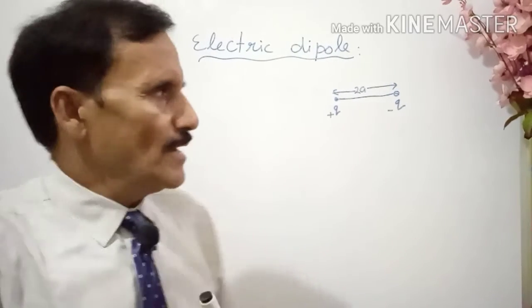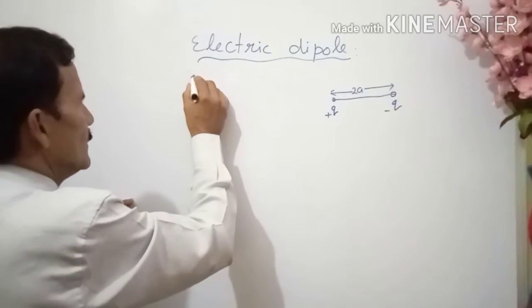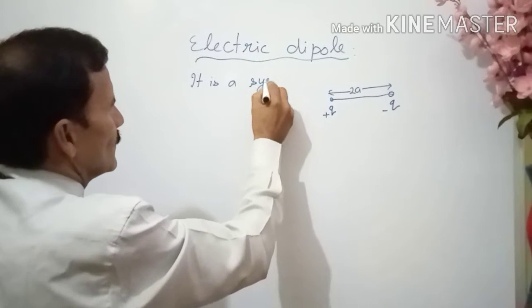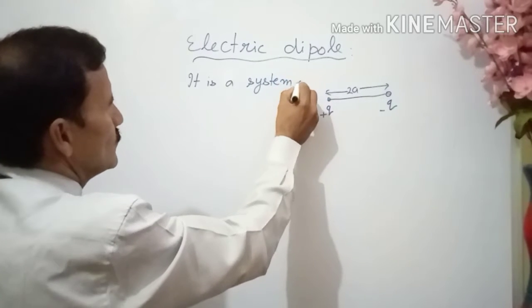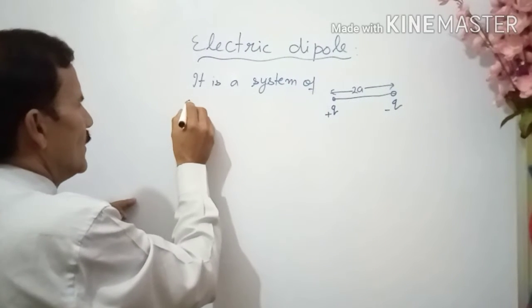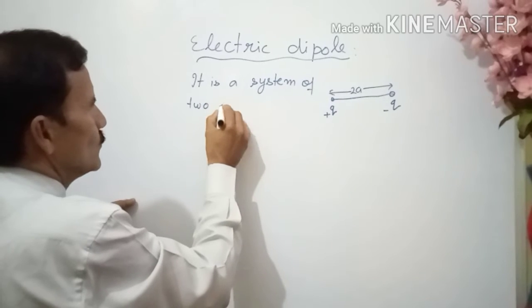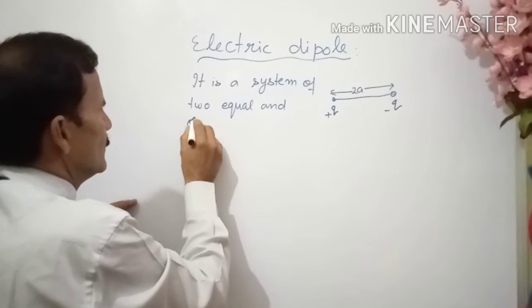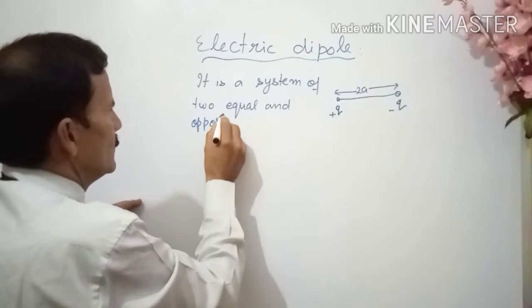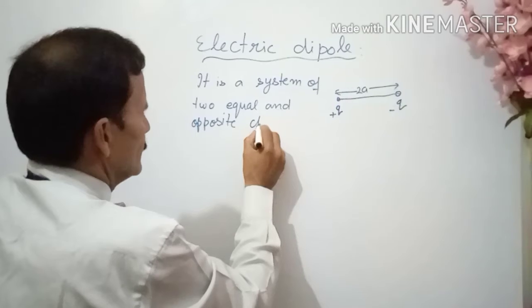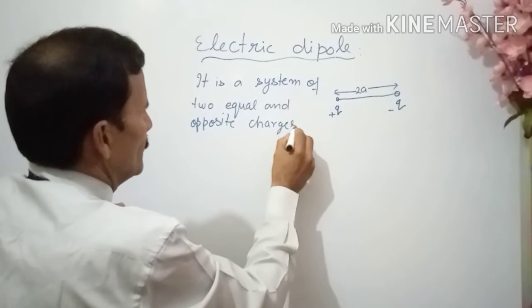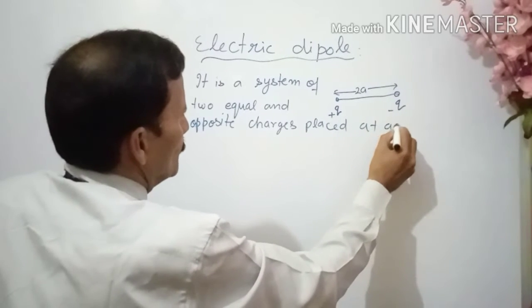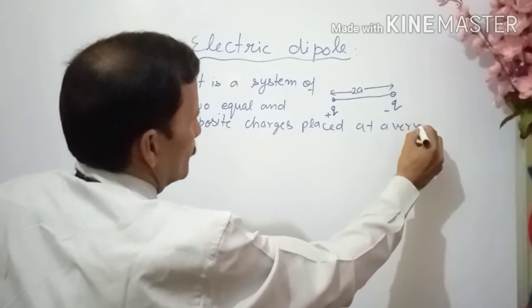So what is the electric dipole? It is a system of two charges, two equal and opposite charges, placed at a very small distance.